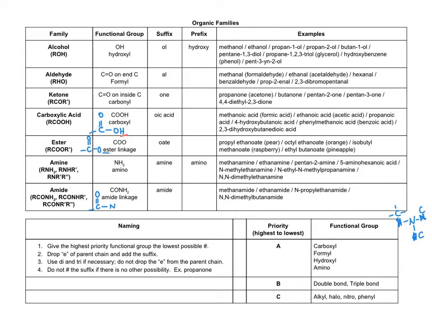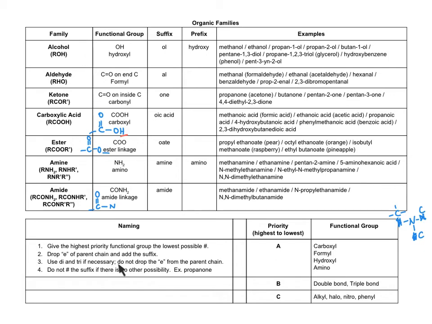If necessary, we'll use di or tri, and I'll just draw your attention to this up here in the alcohol examples, pentane-1,3-diol. Notice we didn't drop the E here, right? We did not drop the E, and that's what I'm saying here. Use di and tri if necessary.